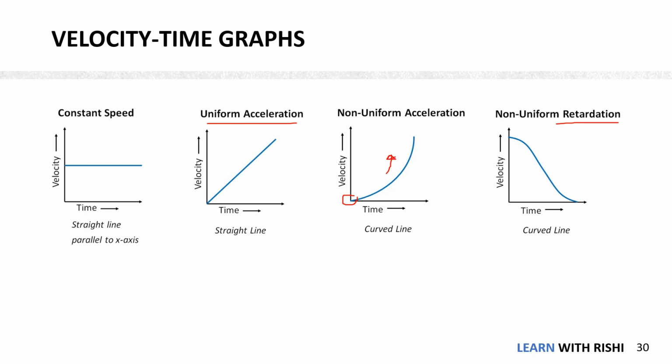But in retardation, when the time was 0, the velocity was maximum, and with increasing time the velocity decreased and finally reached 0 meter per second. So in non-uniform acceleration, the body is moving from rest to a maximum velocity, but in retardation, the body is already at maximum velocity and is coming to rest.